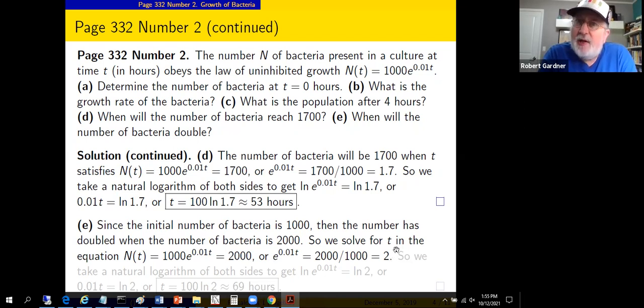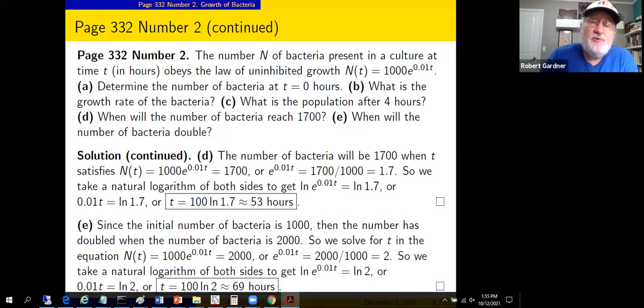We've got that t stuck in an exponential function. We'll take a natural log of both sides of the equation. Taking natural logs of both sides, we get the natural log of this, it's given here, equals the natural log of 2. What is the natural log of e to the 0.01t? 0.01t. The natural log and the exponential function combine and disappear.